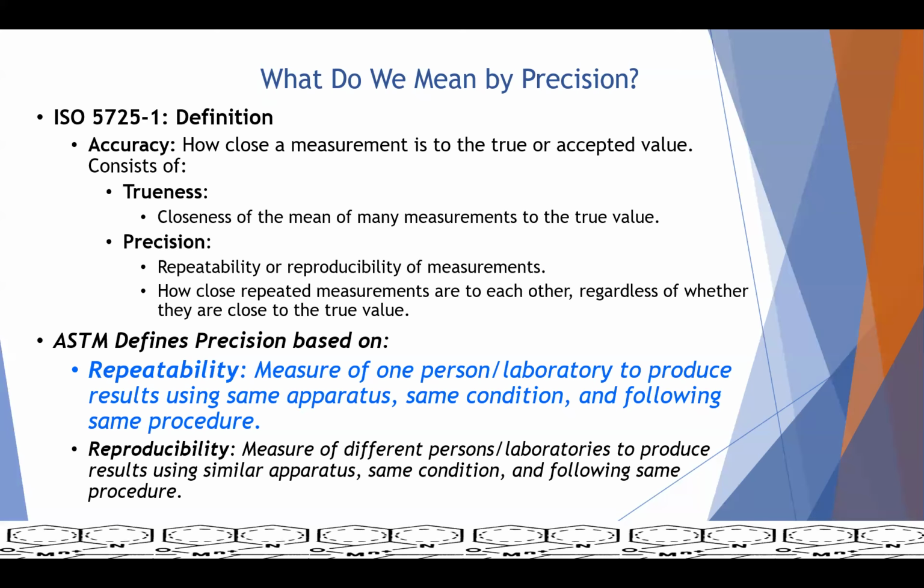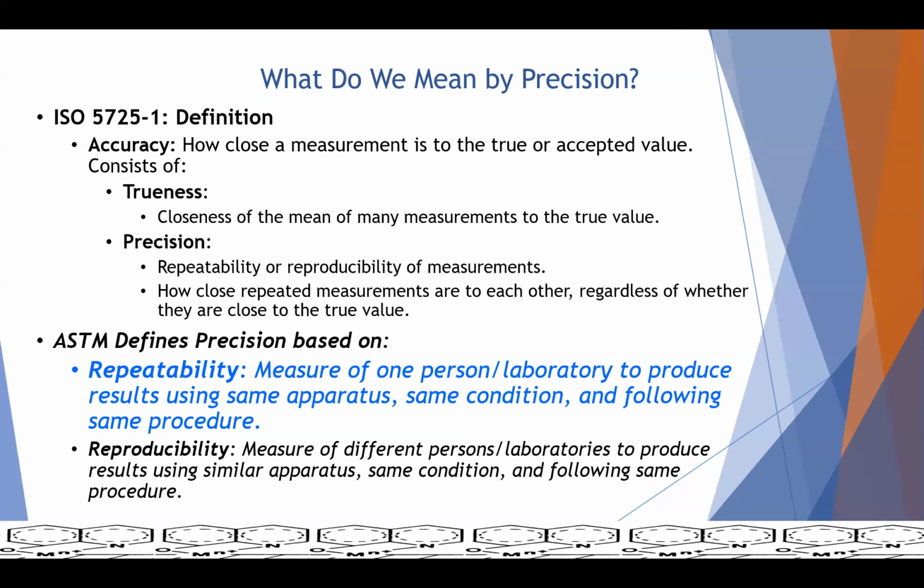That is repeatability. One person, same test. Reproducibility, different persons following the same procedure using the similar apparatus under the same condition. So repeatability and reproducibility are defined through precision.